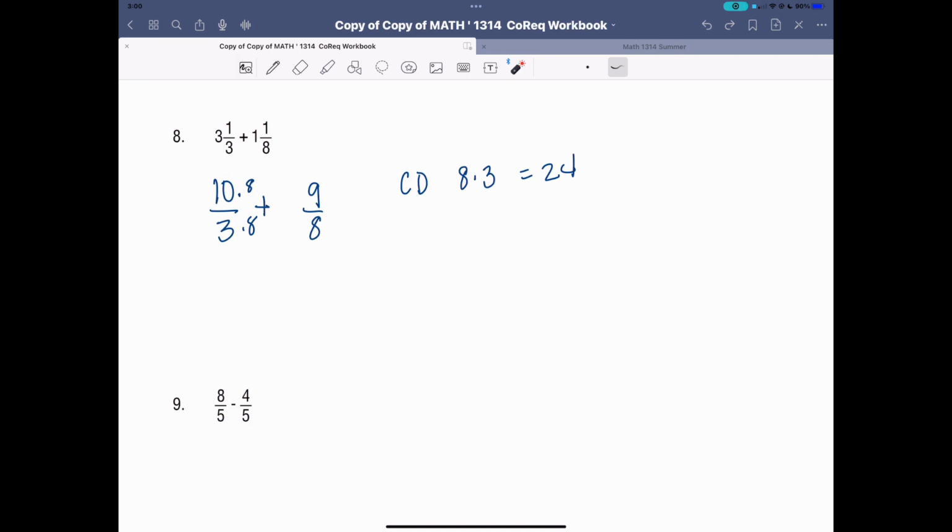So the first fraction gets multiplied by 8 over 8, and the second fraction gets multiplied by 3 over 3. So then from there, I get 80 over 24 plus 27 over 24. I add my 80 plus 27. 107 over 24 is my answer. It doesn't state to give the answer like in a mixed number or an improper fraction, so I just left it like that. And that's already in lowest terms.